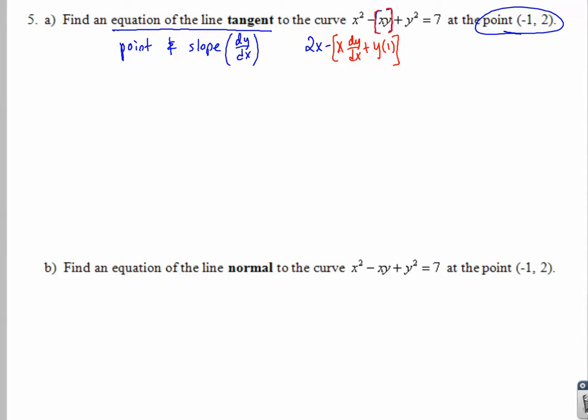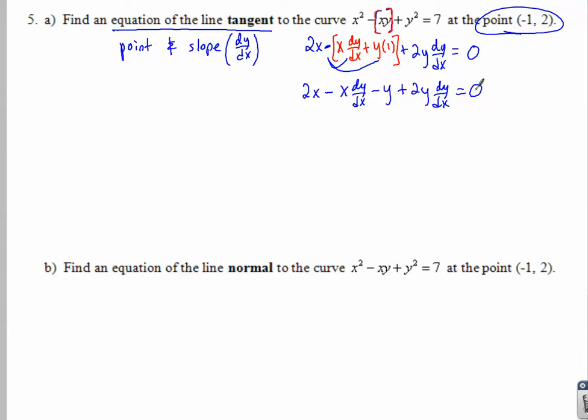Then the derivative of y squared, 2y times dy/dx, since the letters don't match, equals 0. Derivative of 7 is 0. Now be careful here because we're subtracting both of these, so perhaps you distribute before you try to collect terms. 2x minus x dy/dx minus y plus 2y dy/dx equals 0.